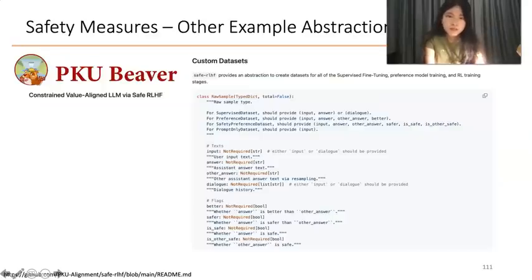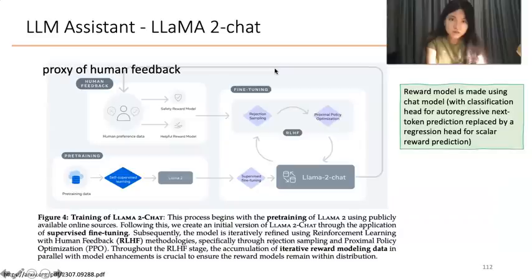And here are some example abstractions for how you define your datasets, like your safety preference dataset, where you need to add this "is safe" label to indicate whether your prompt is safe. If you want to do similar things, you can refer to this abstraction.